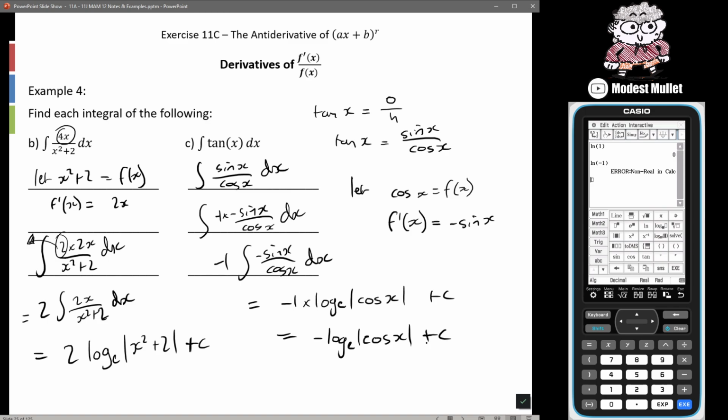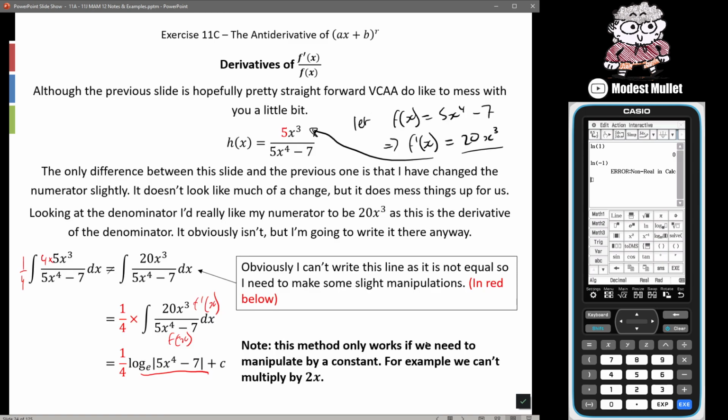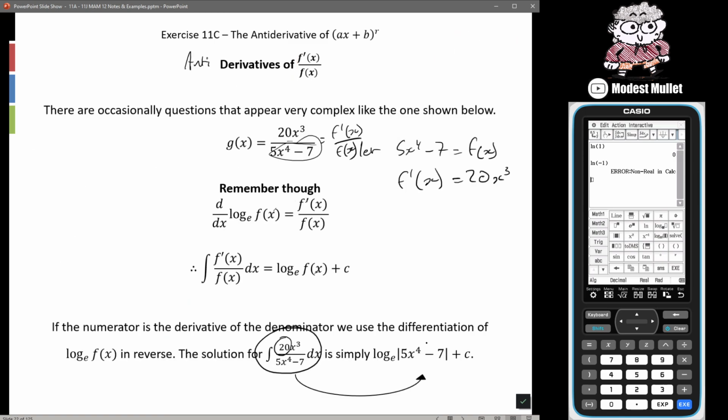Unfortunately, we have to do all these sort of edge case scenarios because that's what VCAR likes to assess. You're given this. You're given that one.